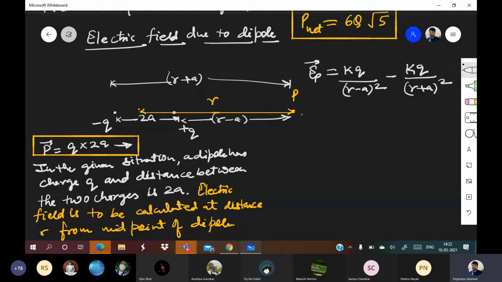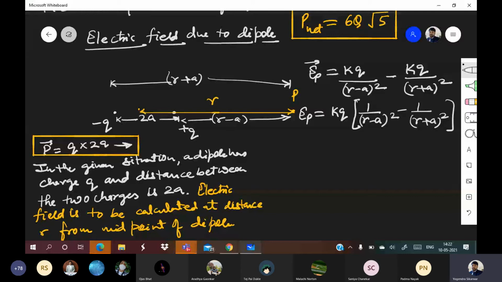That's what we are doing. So EP will be KQ, it can be taken as common, and 1 upon (r minus a) square minus 1 upon (r plus a) whole square.